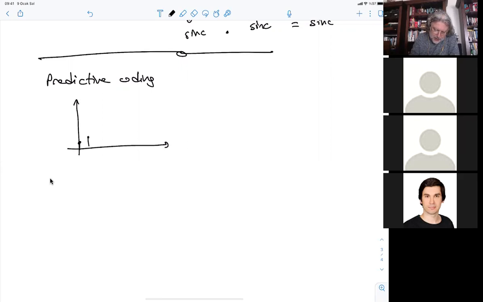Suppose that we have a signal that is gradually increasing in value in discrete time, like this. The dynamic range of the samples of x of n may start from some very small value, and then it may proceed all the way up to some very large values.